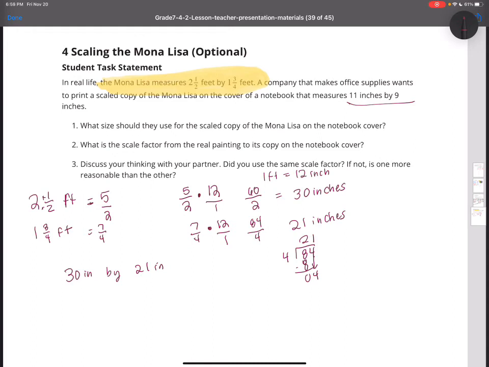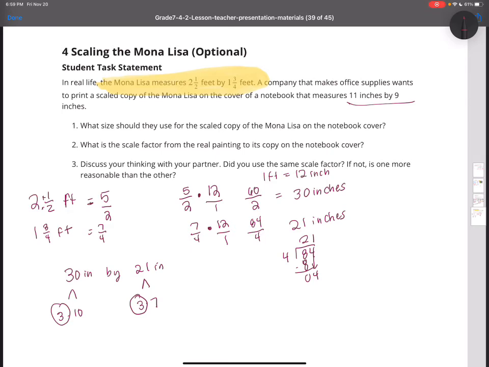If you need to break it down to its factors, let's do that. 3 times 10, 3 times 7. What's the greatest common factor? If you guess 3, you are absolutely correct. We could divide by 3, correct?